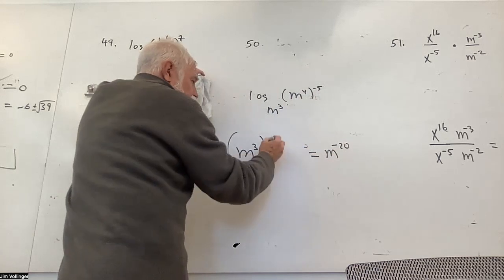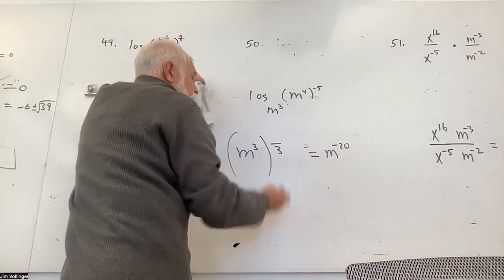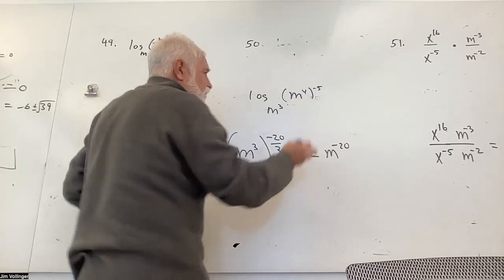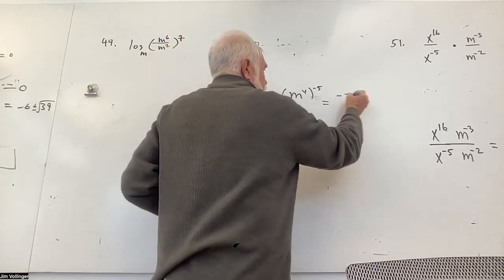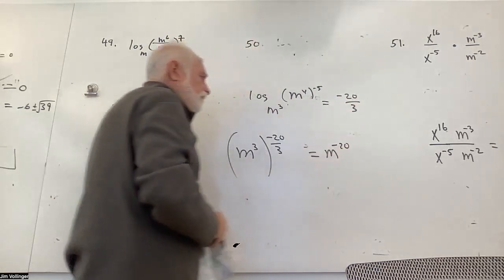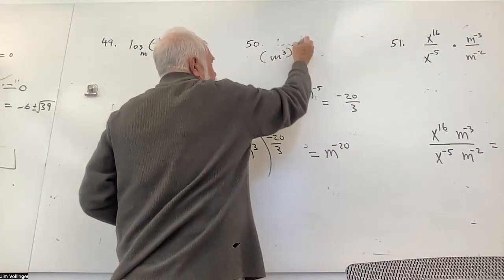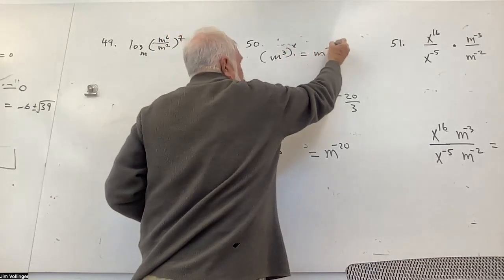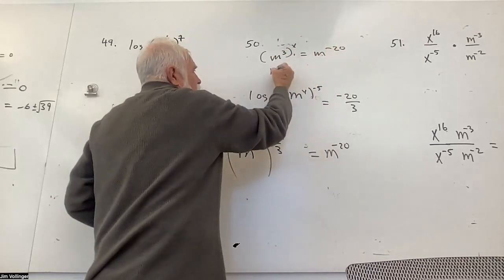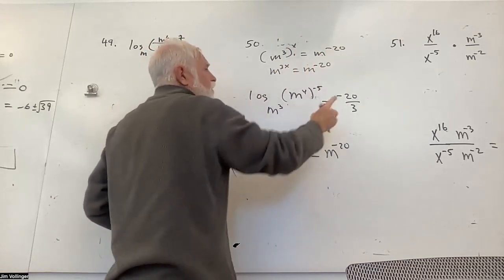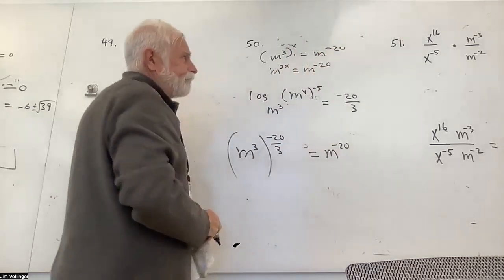We have to get rid of the cubing, and we have to bring in the exponent we want. So there's a little conceptual flavor for that. And that's the exponential activity. Again, m to the 3 to the x equals m to the minus 20. It's probably overkill. m to the 3x equals m to the minus 20. Hopefully you can see that answer now.